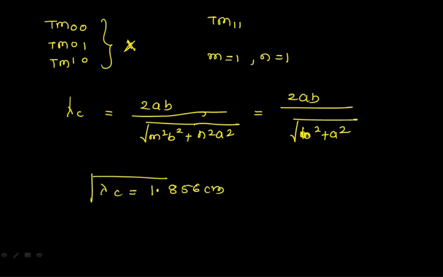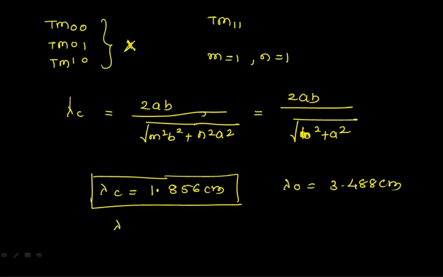If you compare it with the lambda 0, your lambda 0 here is 3.488 centimeter. Now I can say your lambda c is smaller than lambda 0. This means this mode does not exist.